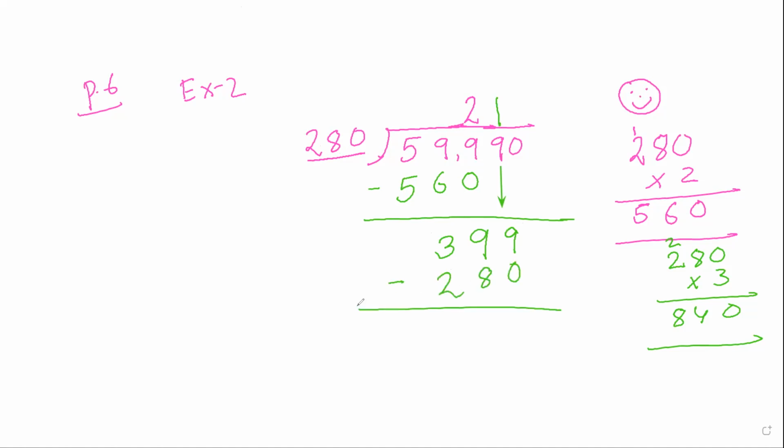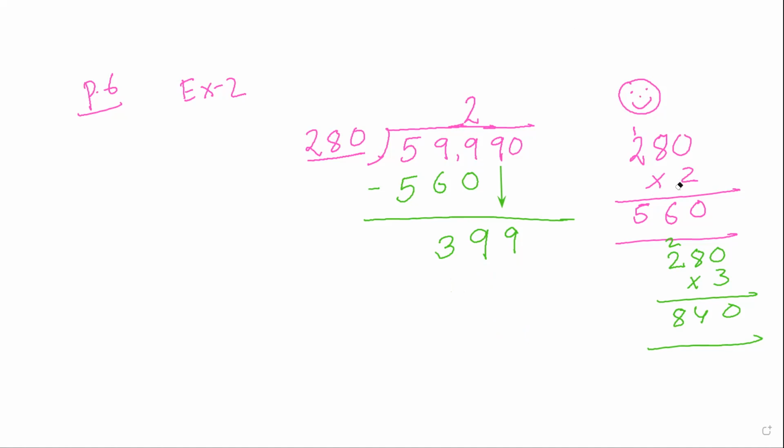Why did we put the 1 up there? After bringing 9 down, what number do you have? You have 399. Now I need to check 399 and 280. 399 is the bigger number.